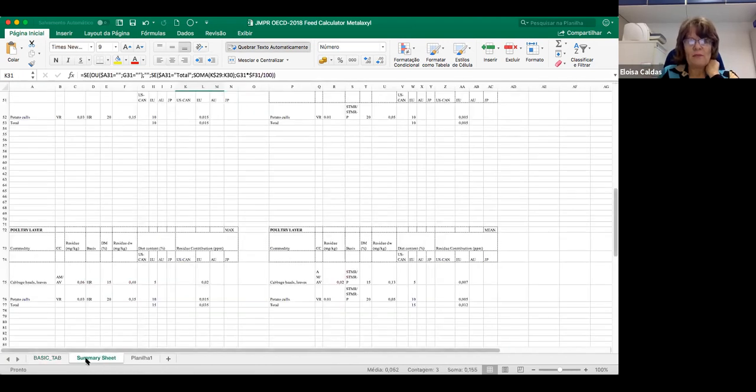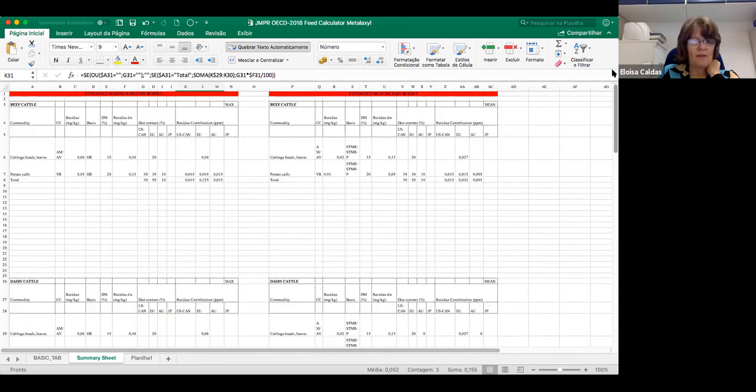And then you have a summary sheet. Actually, we have very few things entered there. This was the table for metalaxyl, I think. So it only comes out for the feed where you enter a number. It summarizes the data for the US, for beef cattle, to estimate the maximum residue level, and the mean residues to estimate the STMRs, and then you just take the highest value.